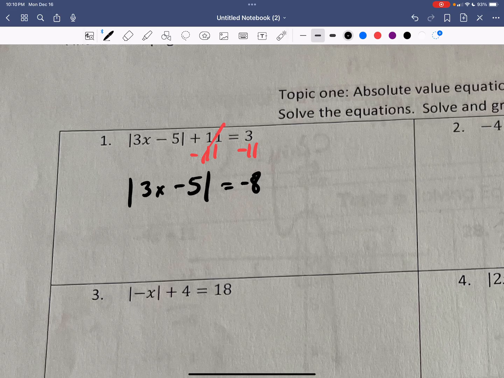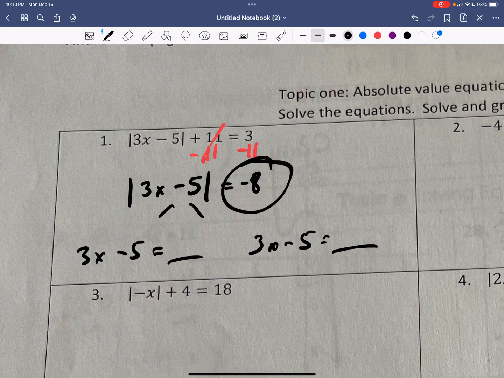Now, typically I would split this. I would say 3x minus 5 equals the positive, and then 3x minus 5 equals the negative, and that would solve each one. But in this case, because this is negative, I know that's an impossible problem. So this is no solution.